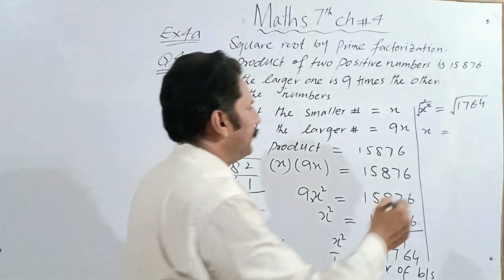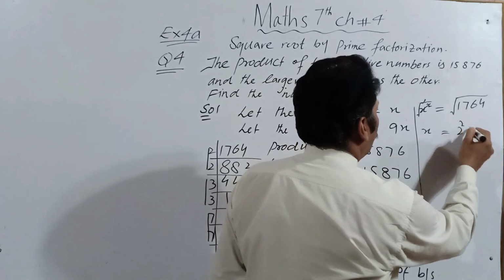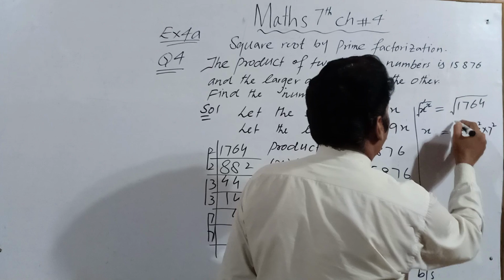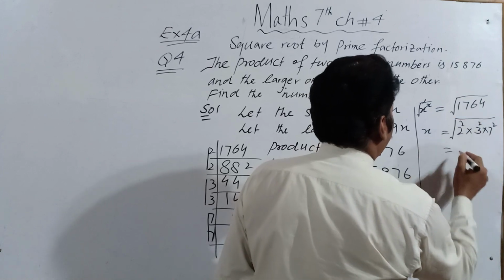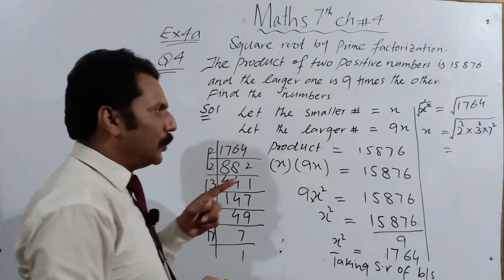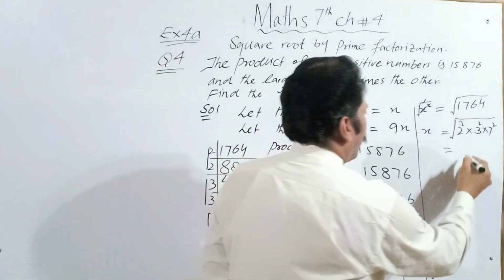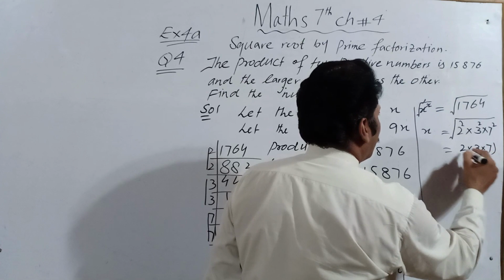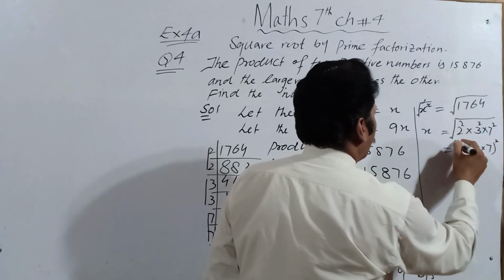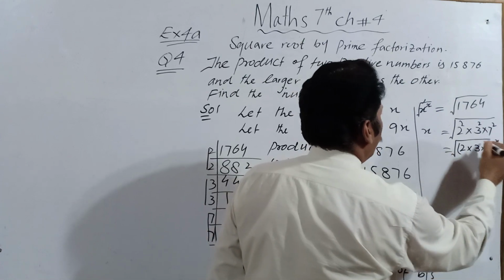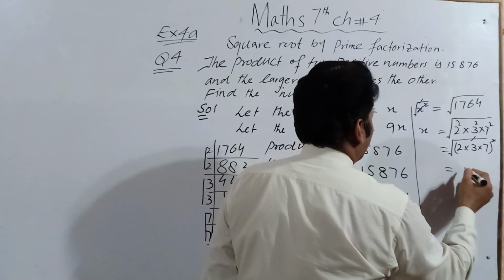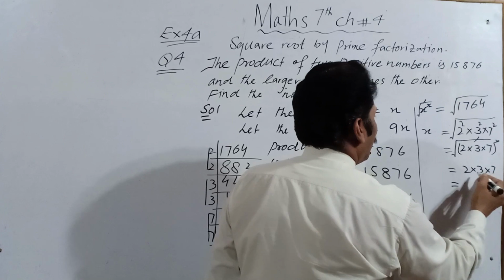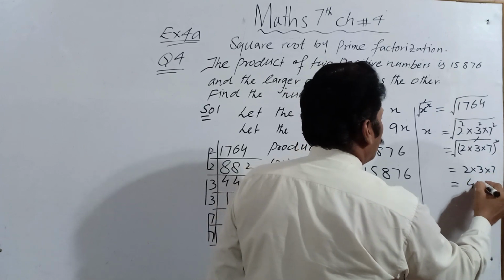So it will be 2 square multiplied by 3 square multiplied by 7 square. Because of the pairs, I have written power 2 there. Now we will write it as the square root of 2 multiplied by 3 multiplied by 7 whole square. Square and square root will be cancelled. 2 multiplied by 3 multiplied by 7: 7 3s are 21 and 21 2s are 42.